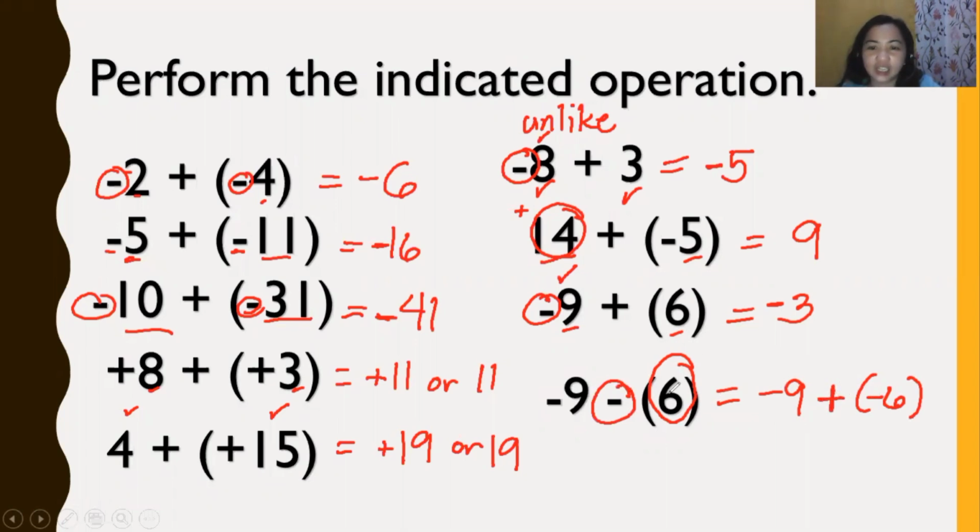I-rewrite muna natin. Rewrite, change the sign of the subtrahend, then follow the addition rule. Now, mag-a-add na tayo ng like sign. Add the numbers, 9 plus 6 or 6 plus 9 is 15. Copy their common sign. The answer is negative 15.